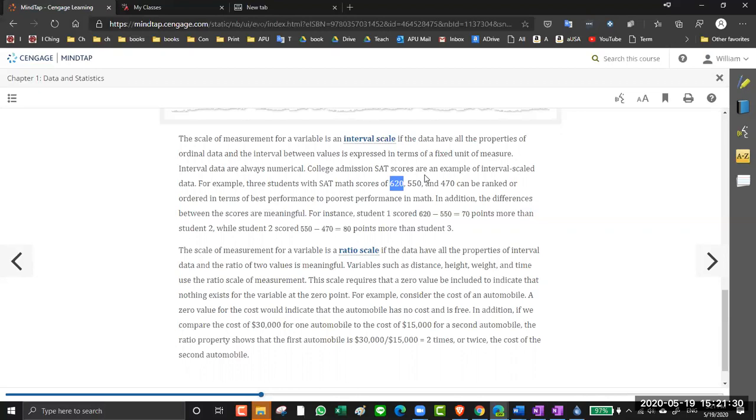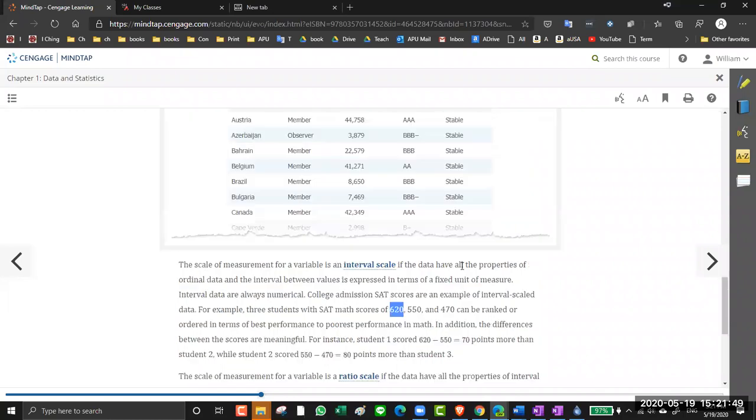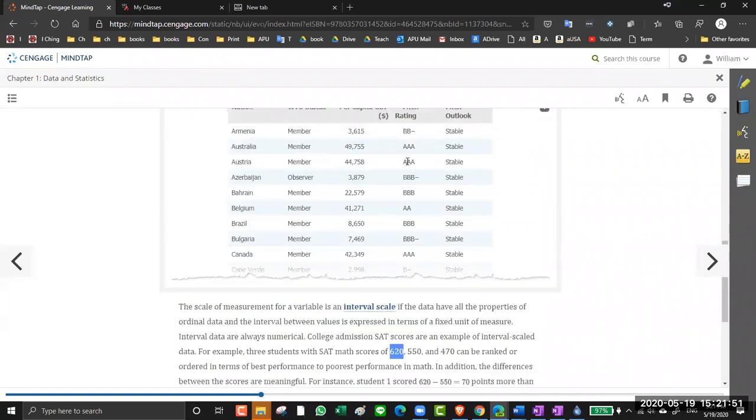So SAT scores are not really ratio scale. They are interval because you can take differences, subtraction, but they're not ratio because their ratios don't really make sense.